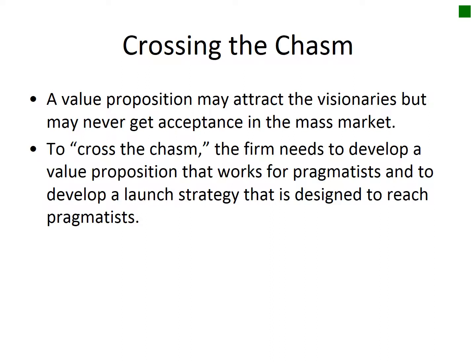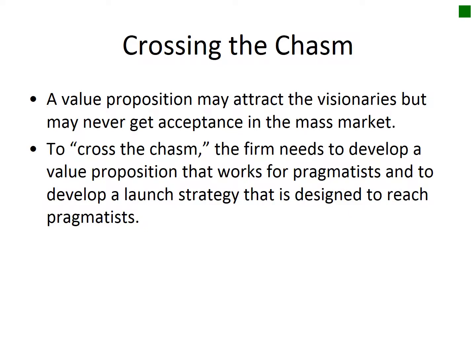It might be that you launch the product and only end up reaching visionaries, and then some other company, a follower coming up after you, is able to pick up where you leave off and capture the rest of the market and the rest of the adopters along the line.